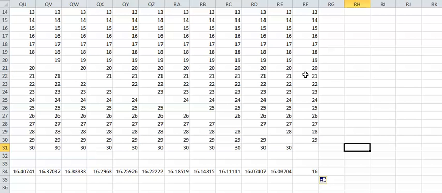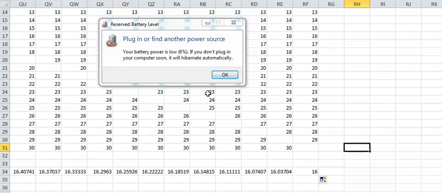Each column is a different possible sample, and here we have the means of all of those possible samples. So row 34 with all of the means of all of the possible samples is the sampling distribution.